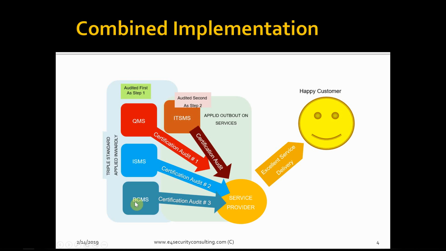As a result, as time goes by, I'm becoming more and more mature in delivering quality, security, and business continuity, which becomes the nature of the organization. It becomes a culture of the organization.